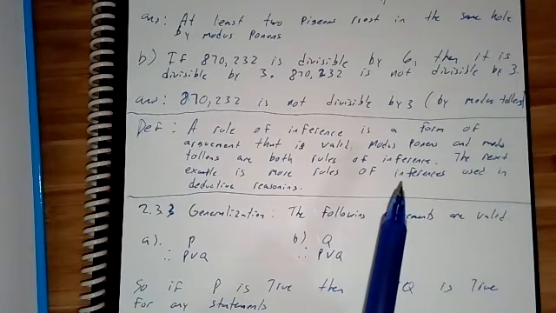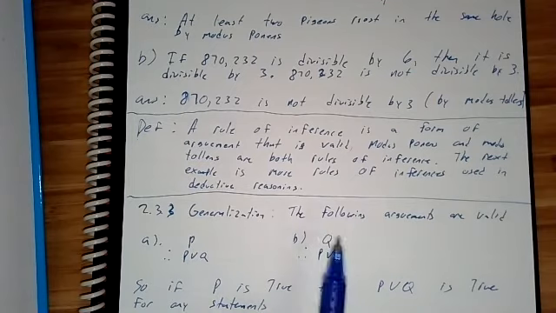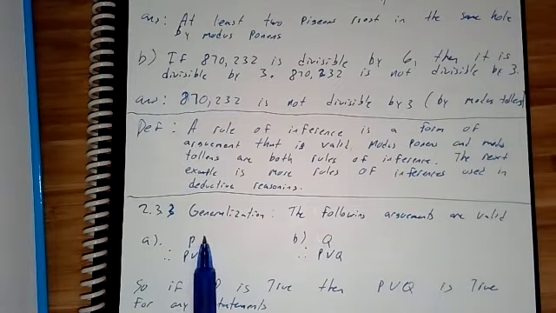So generalization. When you generalize a statement, let's say the following arguments are valid. P is true, therefore P or Q is true, right? That makes sense, because if P is true, then no matter what you choose for Q, P or Q will be true.